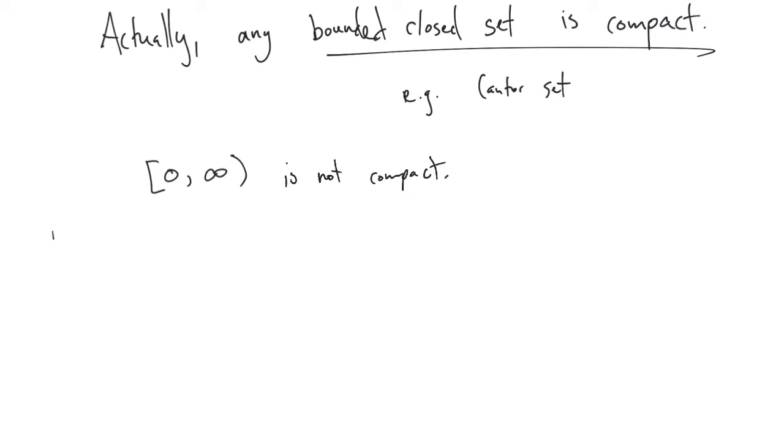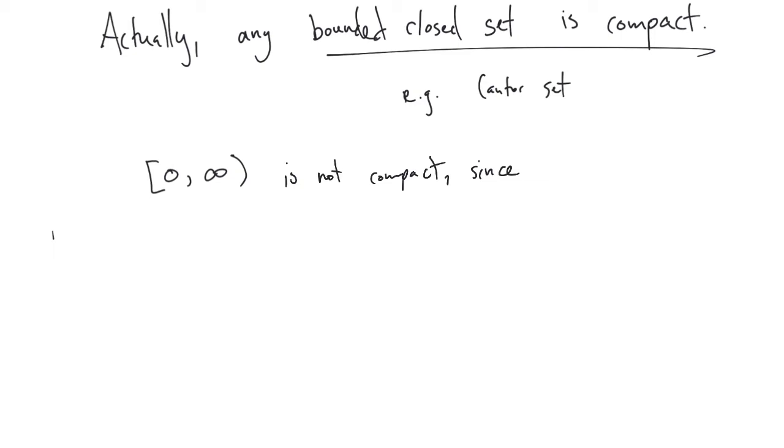Can anyone give me an example here? Not compact means you can find a sequence which does not have a convergent subsequence, or perhaps a sequence whose limit is outside of the set. Can anyone think of a sequence in this set which does not converge, or which has no converging subsequence?